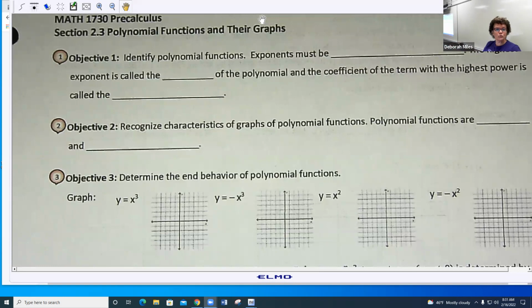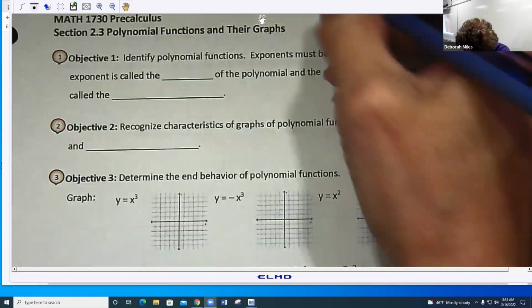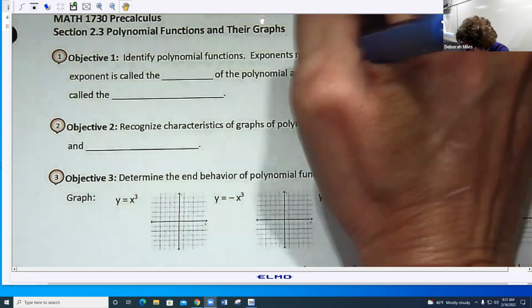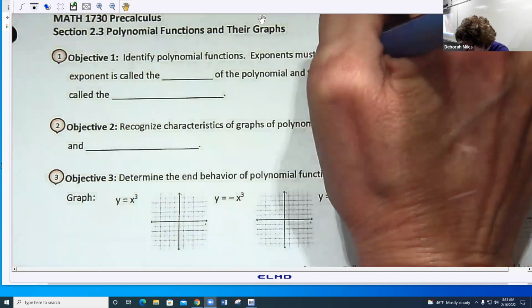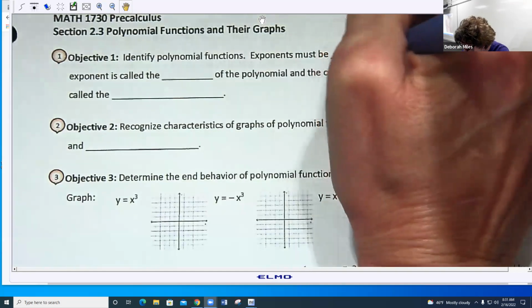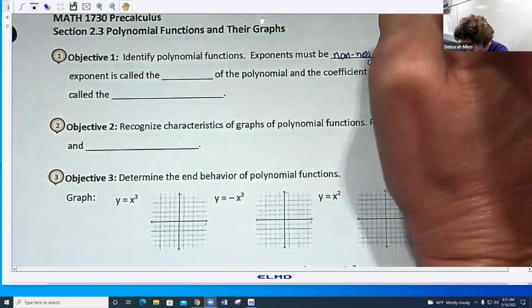So polynomials were a sum or difference of terms of the form some number times x to a power, where the power had to be a non-negative integer. So that's what goes in the first blank. The exponents must be non-negative integers.